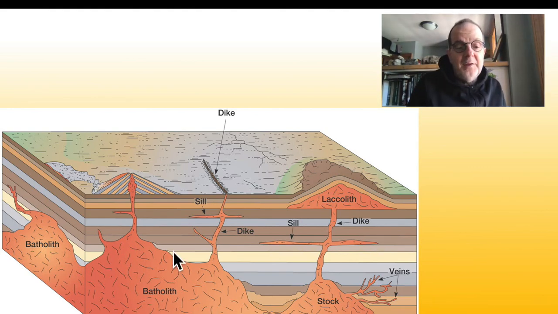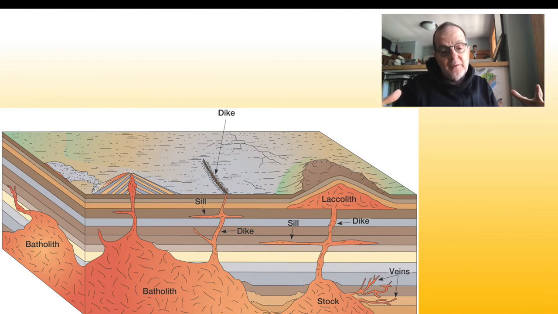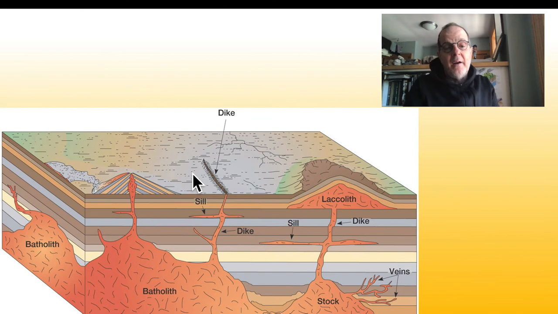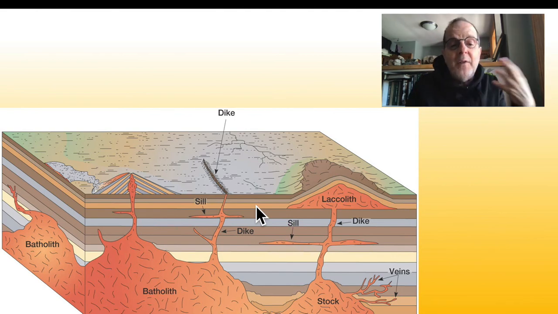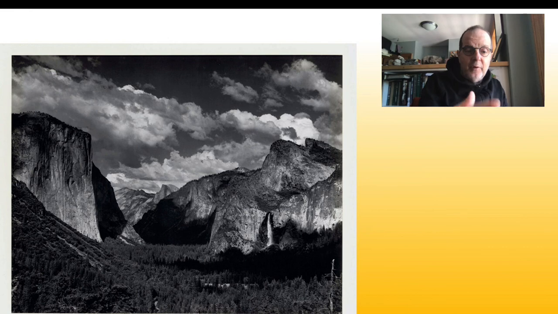One, this batholith, solidified intrusive igneous rock, can be exposed under certain conditions when the forces of plate tectonics, for instance, can press this entire formation up into the air higher and higher, and therefore these layers of sedimentary rock or metamorphic rock can be weathered away, eroded, exposing the batholith.